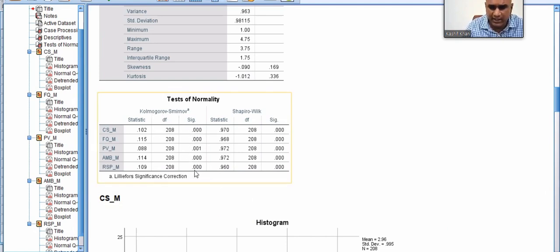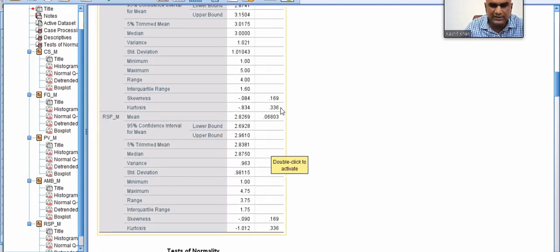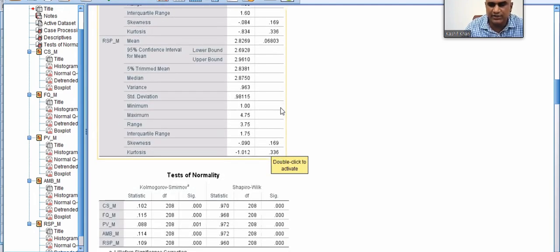However, here for normality, it's inverse. That means if the value is bigger than 0.05, then you can be sure your data is normal. And if you look here, both tests are showing that our data is normal, even though skewness and kurtosis do not say so.